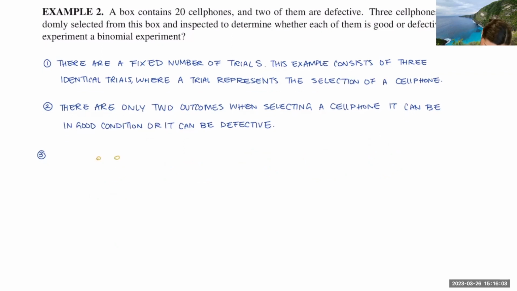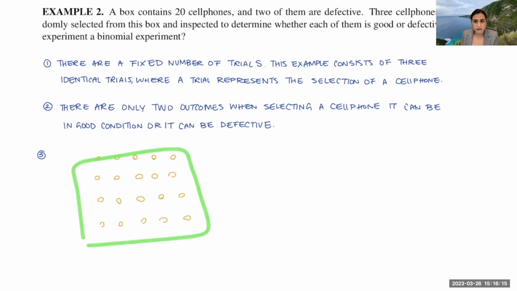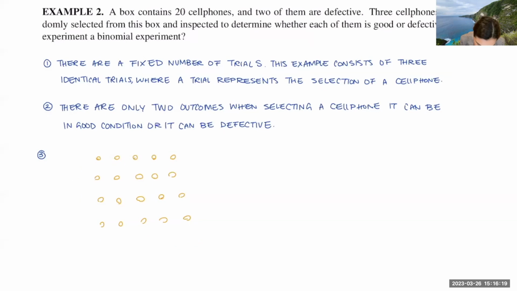So 1, 2, 3, 4, 5, 6, 7, 8, 9, 10, 11, 12, 13, 14, 15, 16, 17, 18, 19, 20. So think about it as these are our 20 cell phones. We do know they tell us that 2 of them are defective, right? So maybe this one is the defective one and this is the defective one. Let's suppose that the success in this case would be defective. Let's look at the probability that a phone is defective, okay?